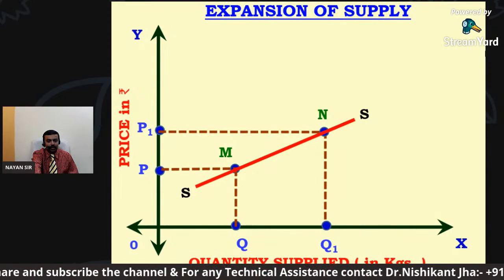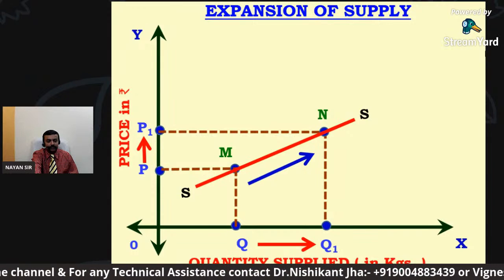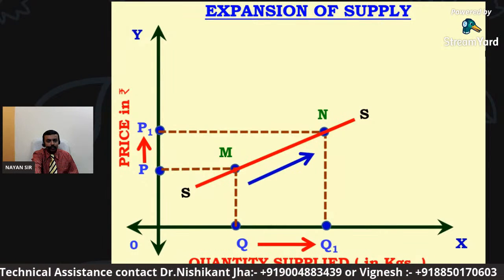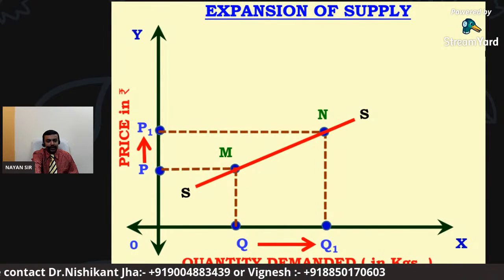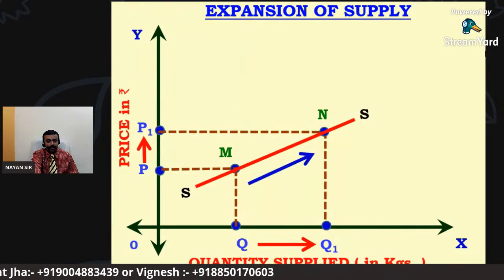It will be quantity supplied, and the arrow, which is not quantity demanded, it is quantity supplied.